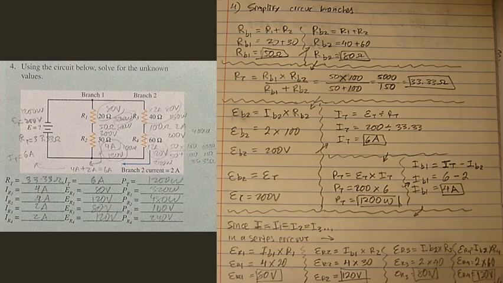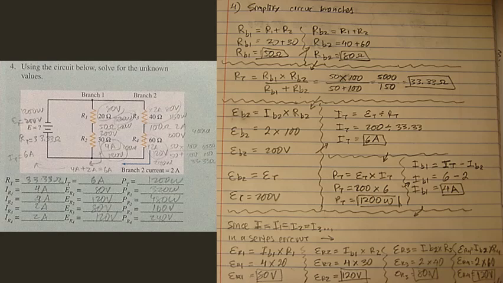In this case, the voltage at branch 2 equals the current at branch 2 times the resistance at branch 2, which is 2 amps times 100 ohms, or 200 volts. So the voltage drop at branch 2 equals 200 volts. And we know that in a parallel circuit, voltage at each branch is the same as your source voltage. So your source voltage must be 200 volts.